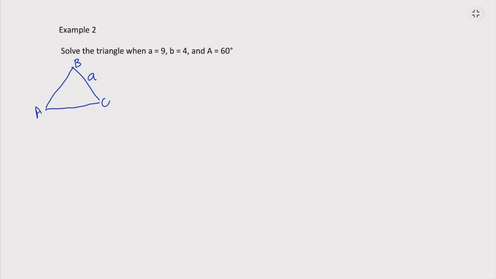So a is 9, angle A is 60, b is 4, and we don't know c. So we could say sine of 60 over 9 equals, and we'll find B, sine of B over 4.